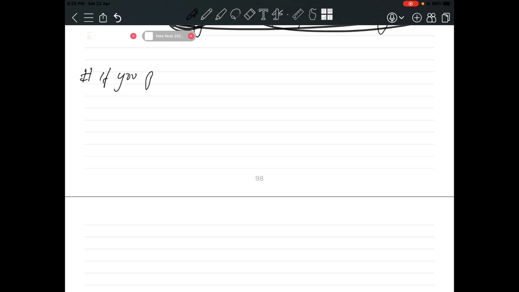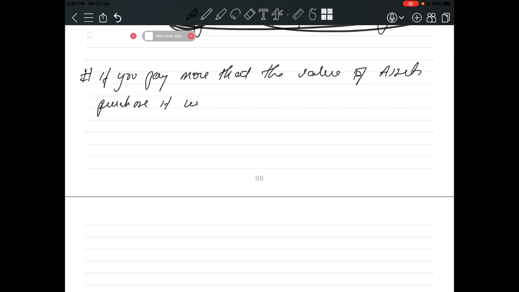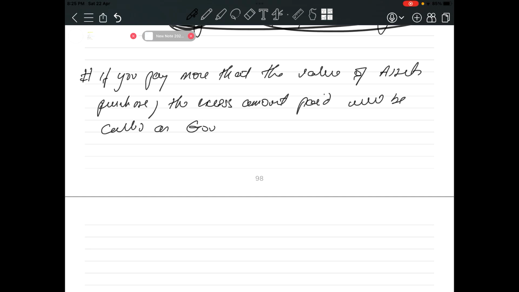So now can I say that if you pay more than the value of assets purchased, the extra amount will be called the excess amount paid, and it will be called goodwill.